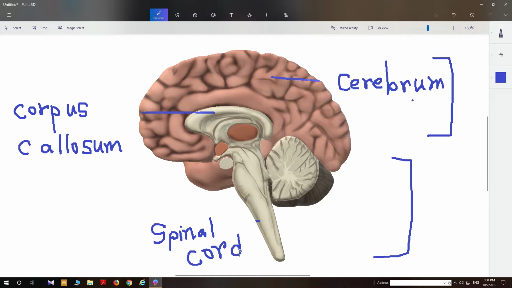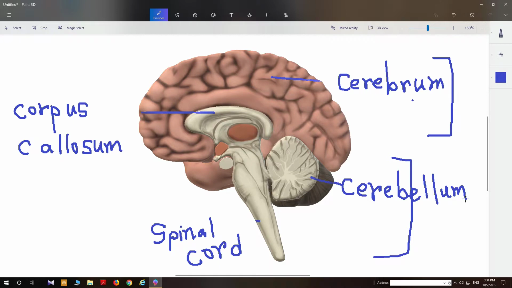And this is cerebellum. All right, this is cerebrum, and this is cerebellum. So this is cerebellum.